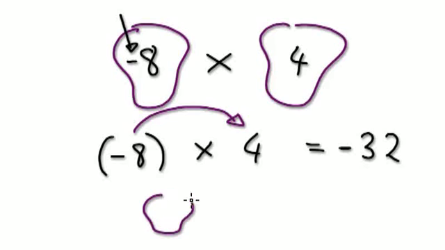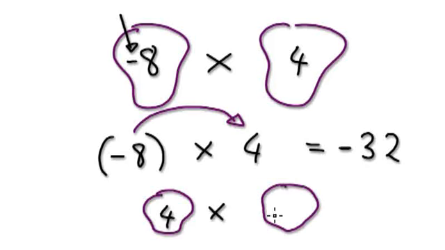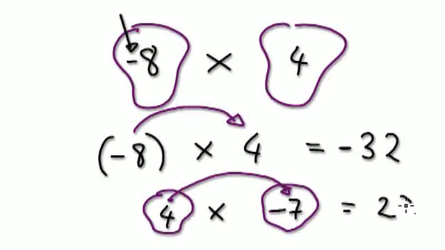So if I were to say to you, what is 4 times negative, let's say 7? Well, just do the 4 times 7 as normal, which is 28. Now, because there's only one negative here, because this is positive, there's only one, so it becomes a negative 28.